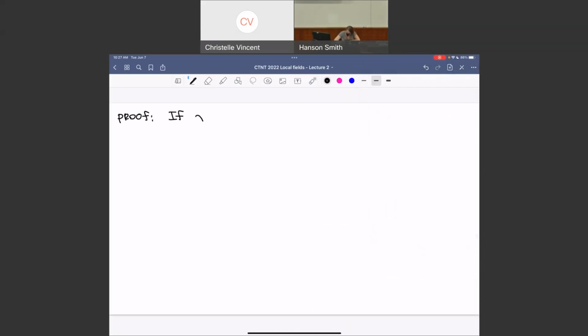So if x is in A minus M, then the valuation of x is 0, right? Because everything in A has non-negative valuation and everything in M has positive valuation, so that's that.